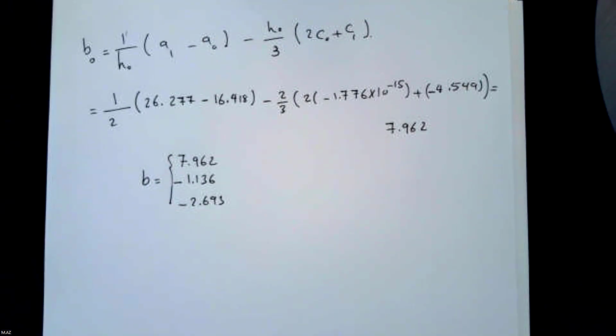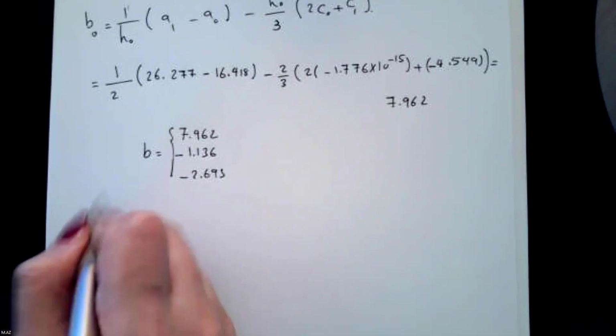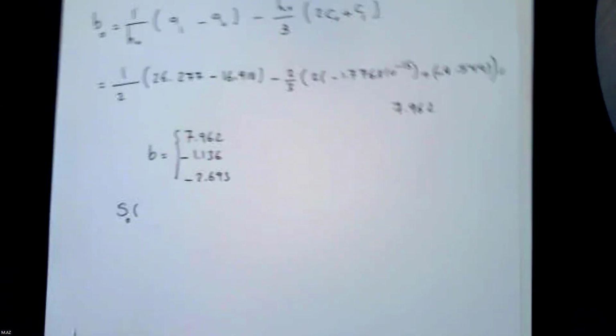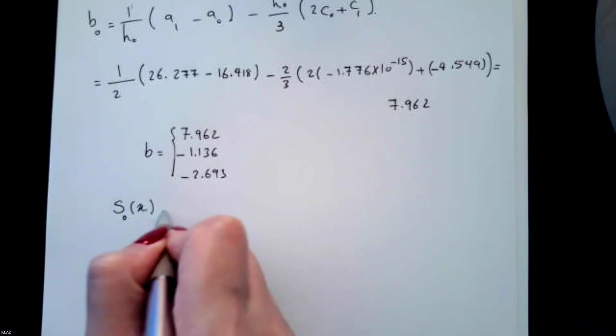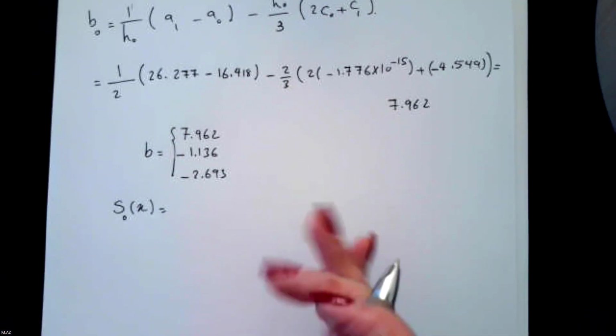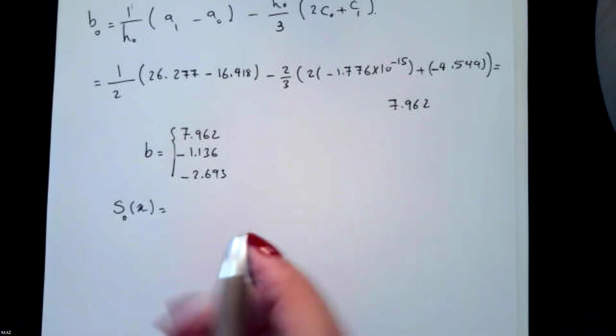Now we have found all of these 4 coefficients. For example, I'm going to write the polynomial function S sub naught for the first interval based on A sub naught, B sub naught, C naught and D naught.